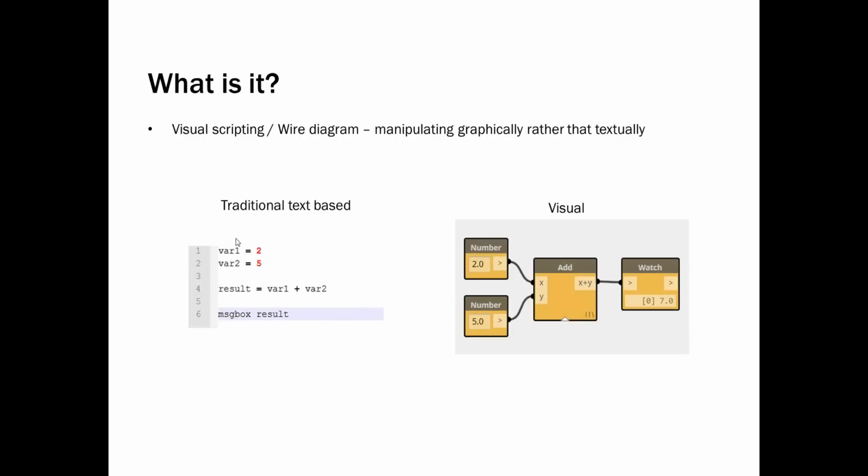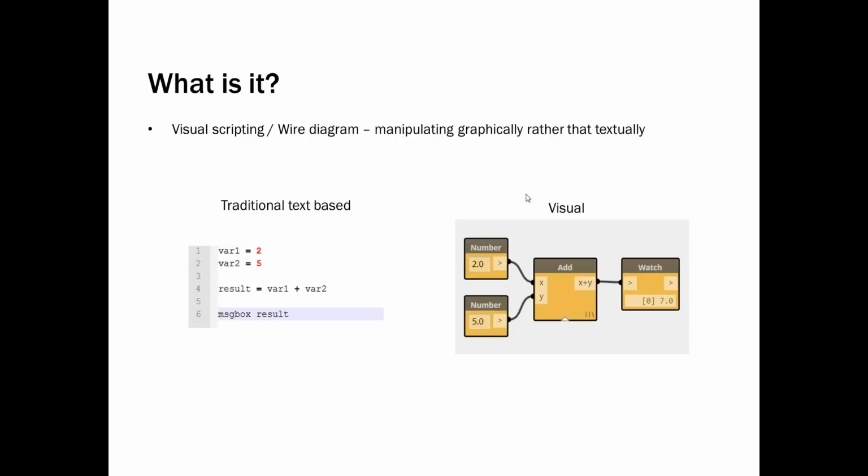And the result would be displayed in this little VB script over here. On the right we've got the example of a visual script. So we've got the little batteries there with the numbers in them, both being fed with wires into this little addition battery, and that's being fed into the one that is just displaying our little result. 2 plus 5 is 7 there.